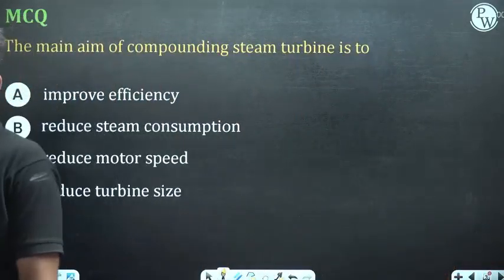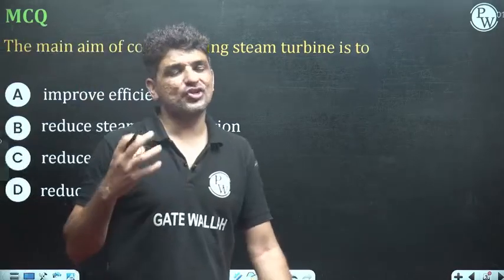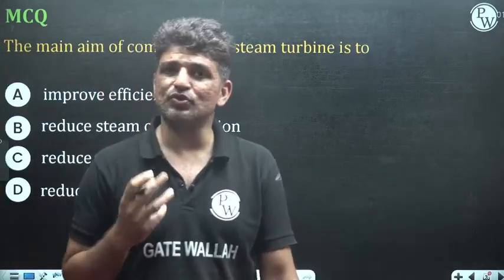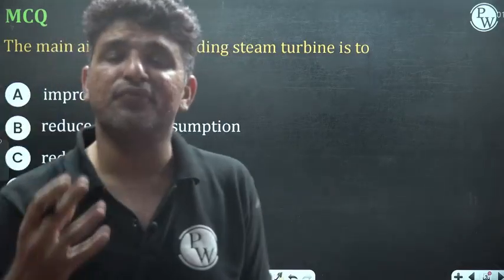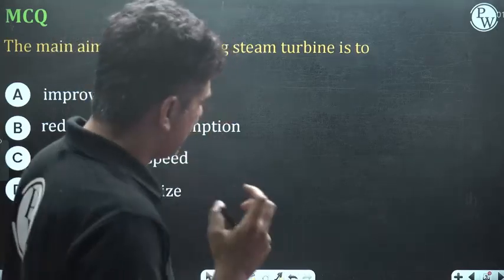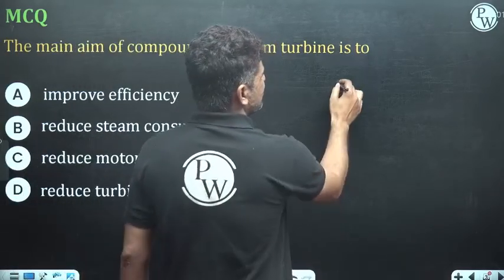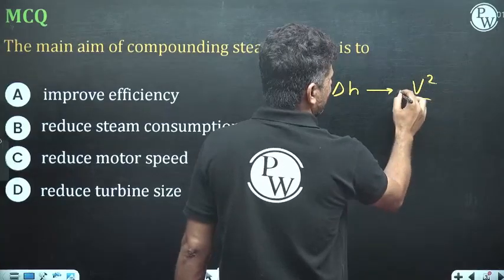It says the main aim of compounding of a steam turbine is to... So why do we actually compound the steam turbine? When we were discussing the steam turbine, we had seen that if there was no compounding, the whole of the energy was converted into kinetic energy. So delta H was converted into V squared divided by 2.